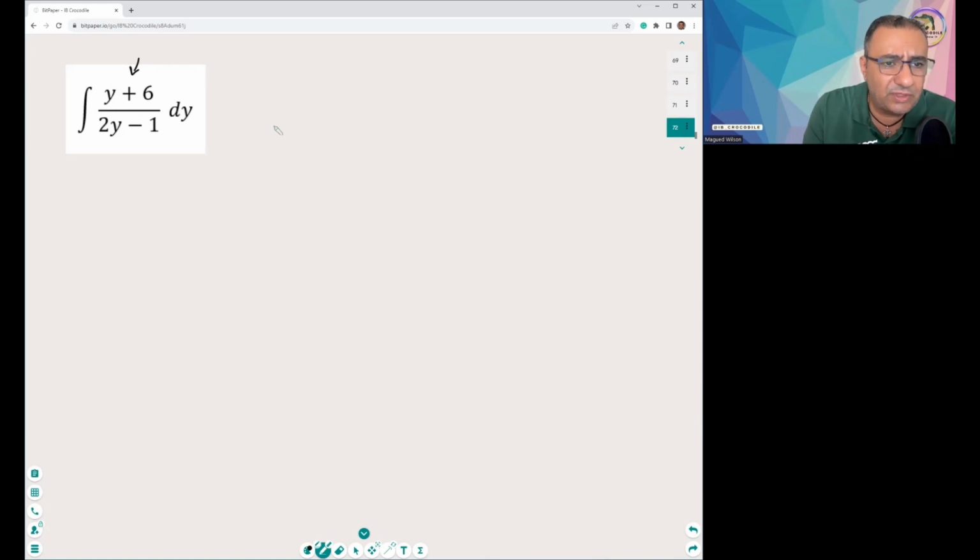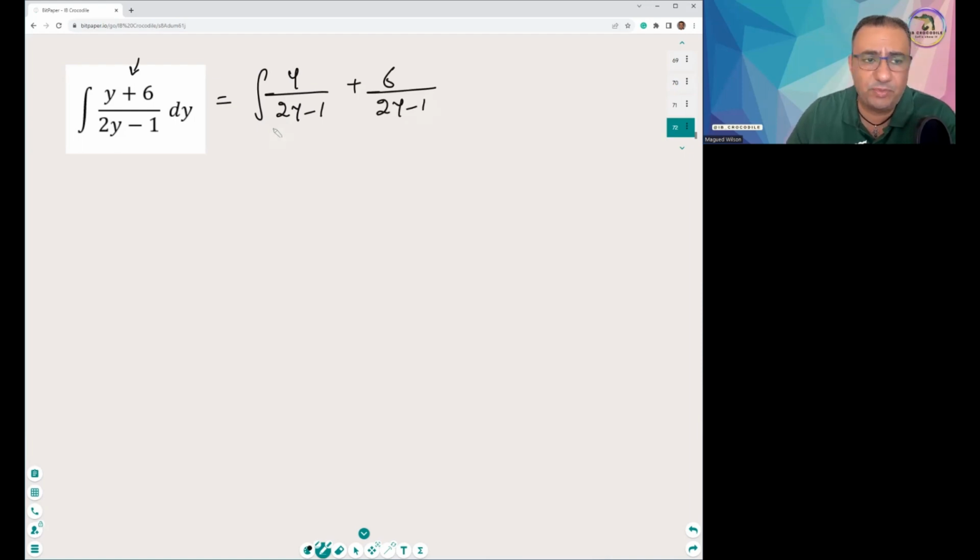I can rewrite this as the integral of y over 2y - 1, plus 6 over 2y - 1. I just split, so this is y divided by this whole denominator plus 6 divided by this whole denominator, and we still have dy.